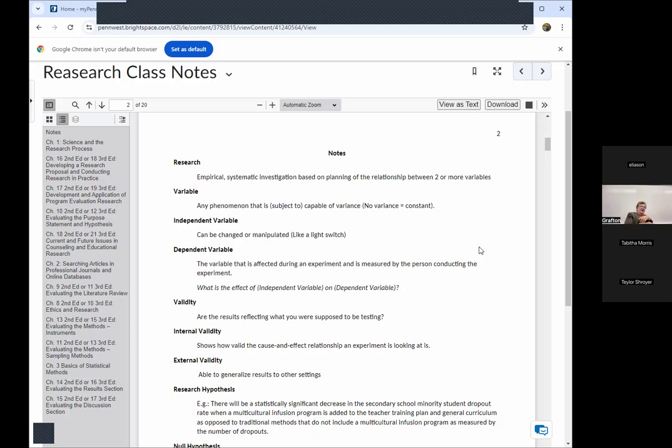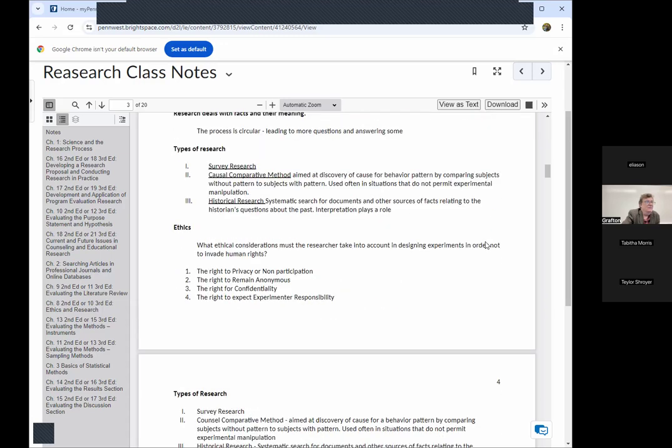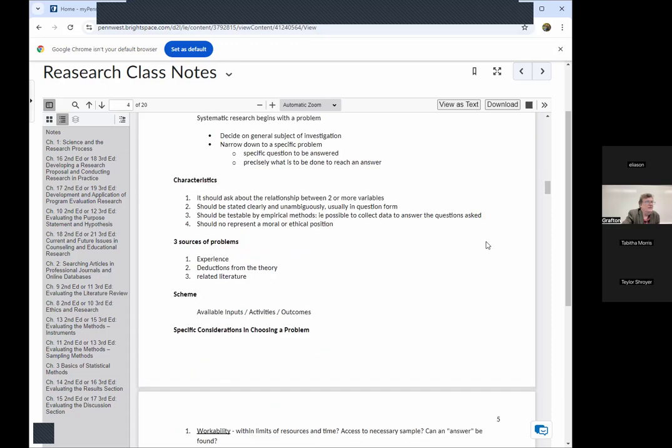These are actually the notes I studied when I took the comps and stats and when I took the NCE. And they're pretty extensive, as you can see.